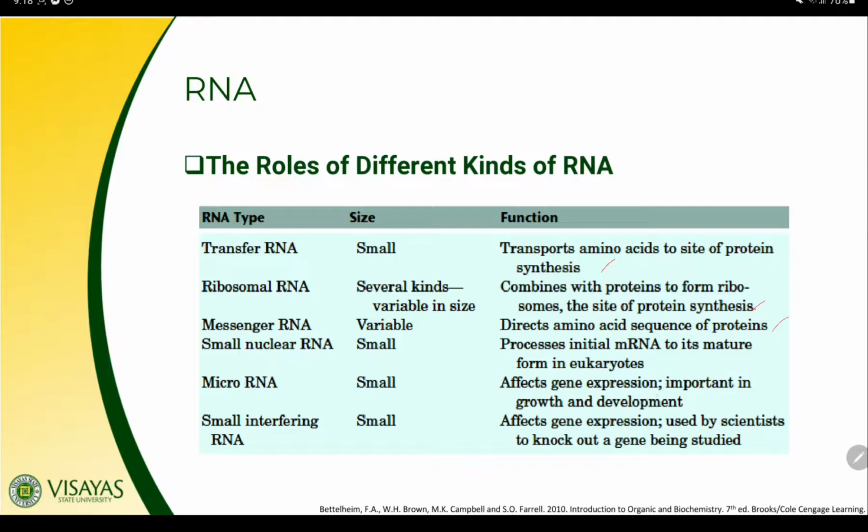The small nuclear RNA is complexed with proteins, which are used to form snRNPs, which are used to process the initial mRNA in a process called splicing. MicroRNA and small interfering RNA both affect gene expression. MicroRNA is important in growth and development, and small interfering RNA is used by scientists to knock out a gene being studied.